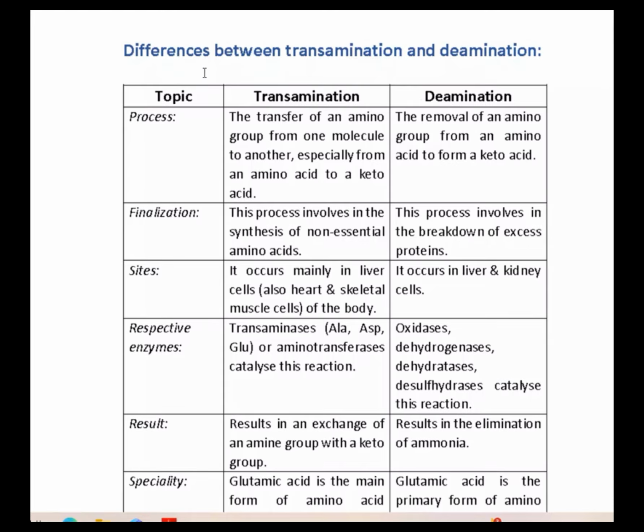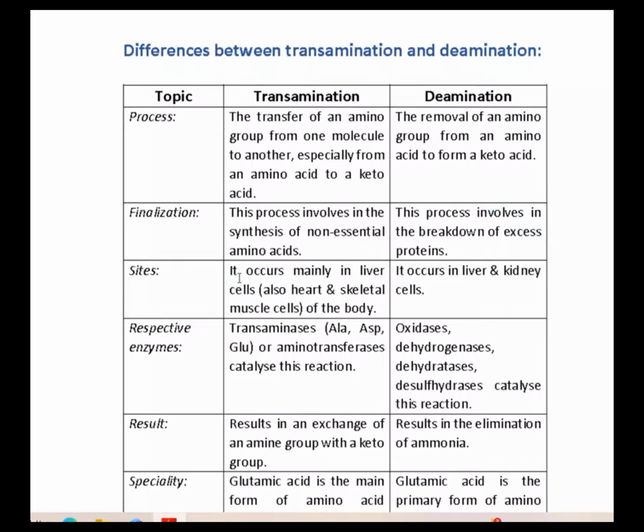Now let us see the difference between transamination and deamination. In transamination, there is a transfer of amino group from one molecule to another, especially from an amino acid to an alpha keto acid, and in deamination, there is removal of the amino group from an amino acid. Transamination is involved in the synthesis of non-essential amino acids, whereas deamination is involved in the breakdown of excess proteins.